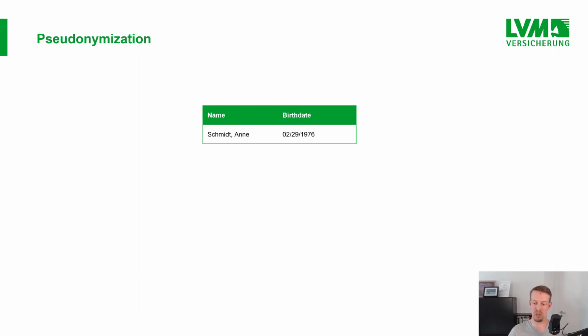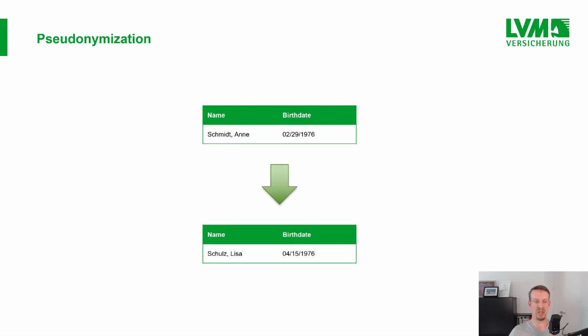That is the original customer, the original dataset, assumed. Now, if we replace name and date of birth, for example, the name Anne Schmidt is set to Lisa Schulz and her birthday is set to 15th of April in 1976, we can use that dataset for testing.